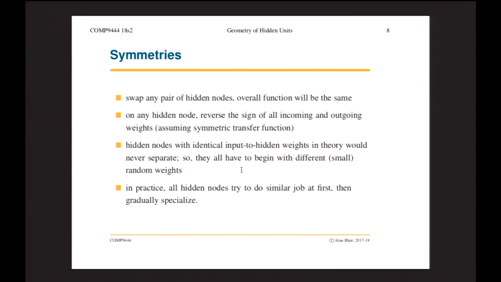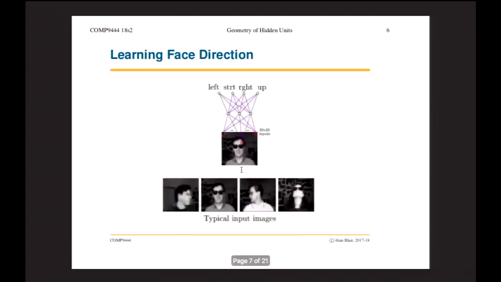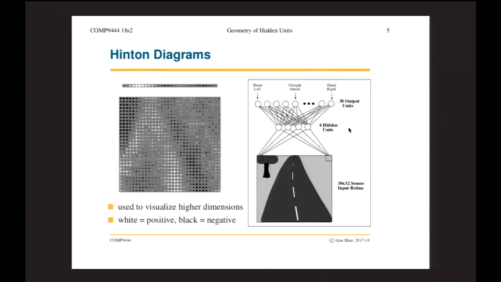Well, here's the other thing about these hidden nodes. Think about training, and think about this hidden node and this hidden node. Let's suppose that at the beginning of the process, the weights coming into this node are exactly the same as the weights coming into this node, and the weights coming out of this node are exactly the same as the weights coming out of this node.